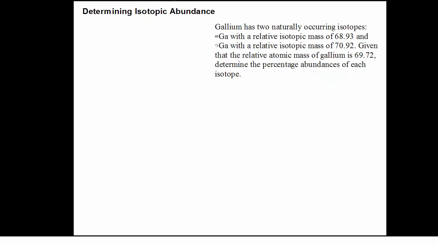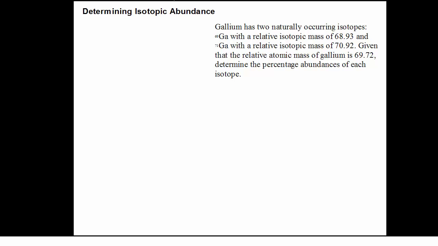Okay. What if we ask this question the other way around? Gallium has two naturally occurring isotopes. Gallium-69 has a relative isotopic mass of 68.93. Gallium-71 has a relative isotopic mass of 70.92. Given that the relative atomic mass of gallium is 69.72, determine the percentage abundance of each isotope.